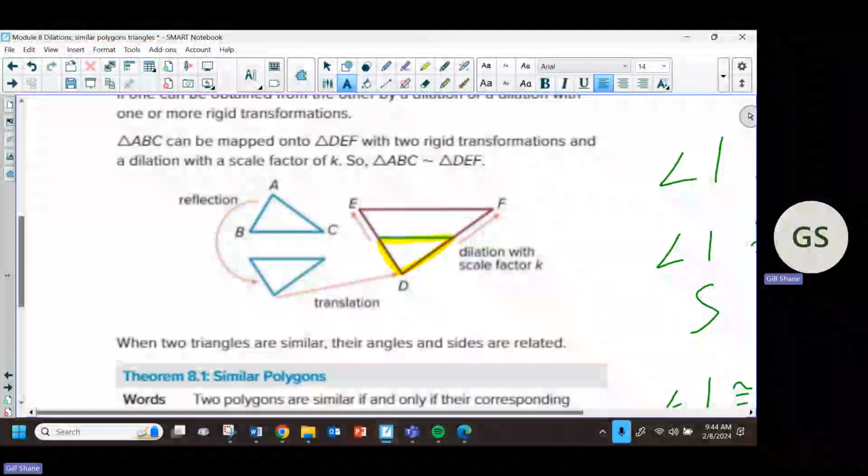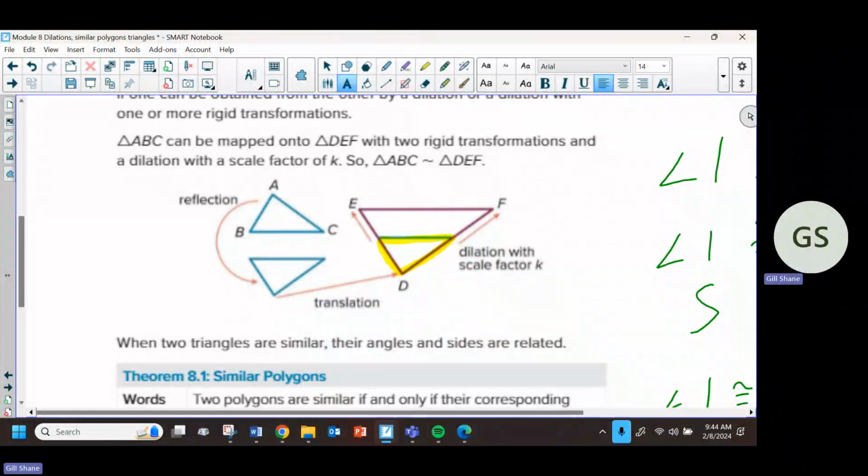Now you will get questions like this, I know for a fact, on district and EOC stuff, where they just give you 2 shapes and ask which series of transformations will map the pre-image onto the image. So you would have to say it's reflected, and they don't even give it to you on a graph, it's literally just like this. So that's a reflection. It's not a rotation, because if it was a rotation, C would be on the left side. So it's a reflection, then what?